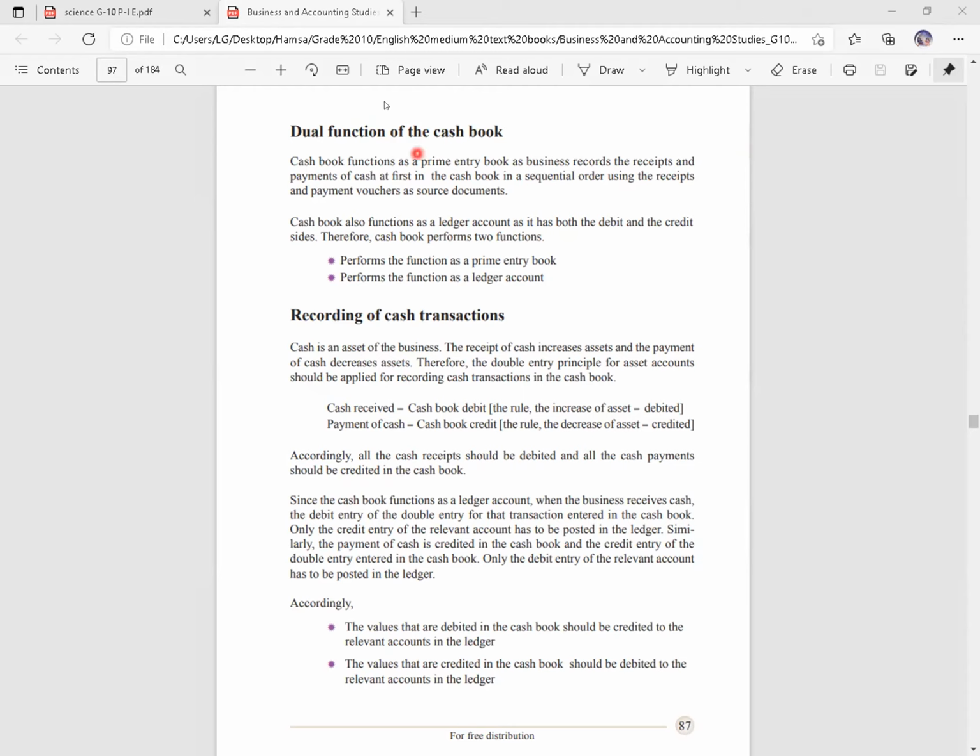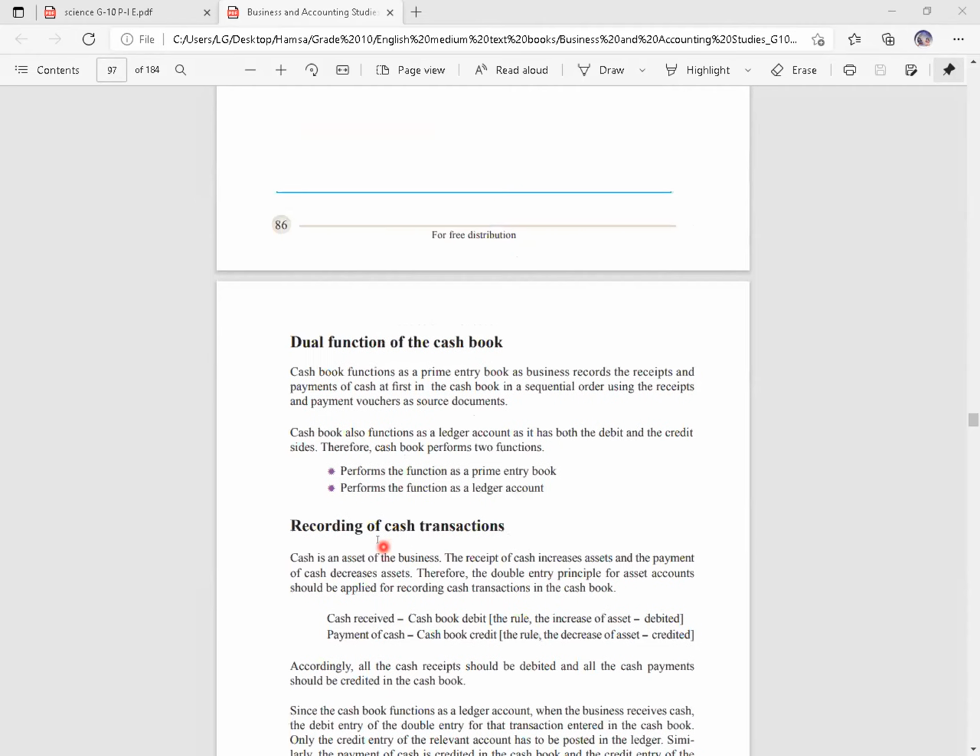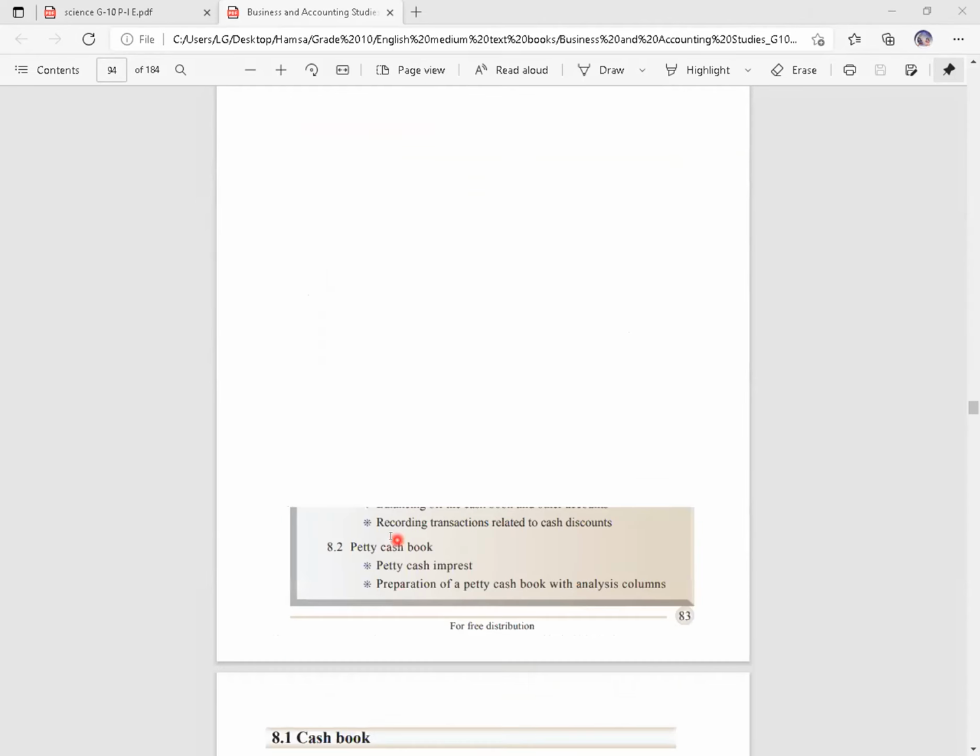Since it has debit and credit sides, we call it a ledger account, and it is also a prime entry book. Prime entry book means what? What do you understand by prime entry book?